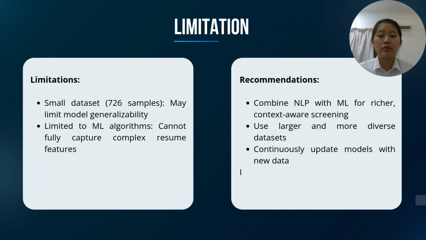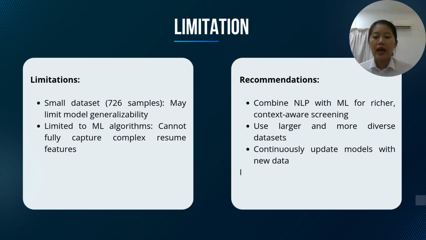Although the result is promising, this study has some limitations. First, the dataset only includes 726 samples, which may reduce the model's ability to generalize to real-world applications. Second, the models use only structured data and machine learning, so they cannot fully capture the complexities of resume content, especially text.